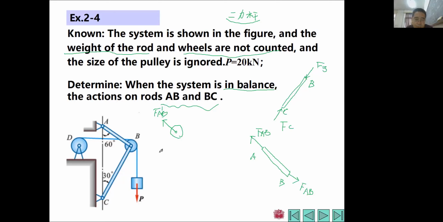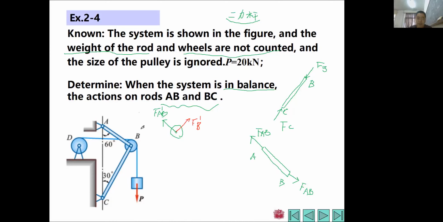So once again, from the action and reaction point of view, this BC at point B will give a reaction force to it. So I can write it as FB prime.